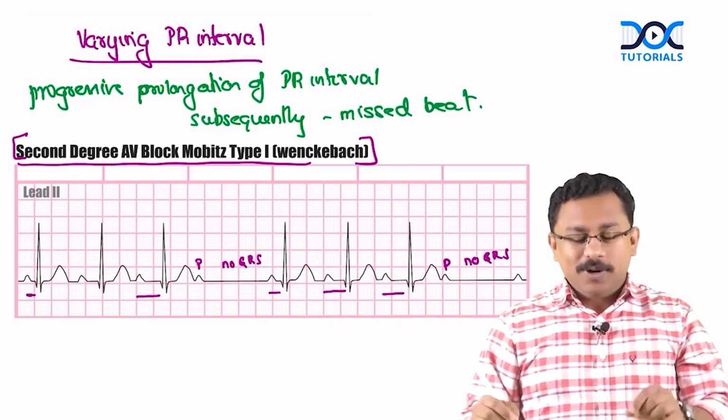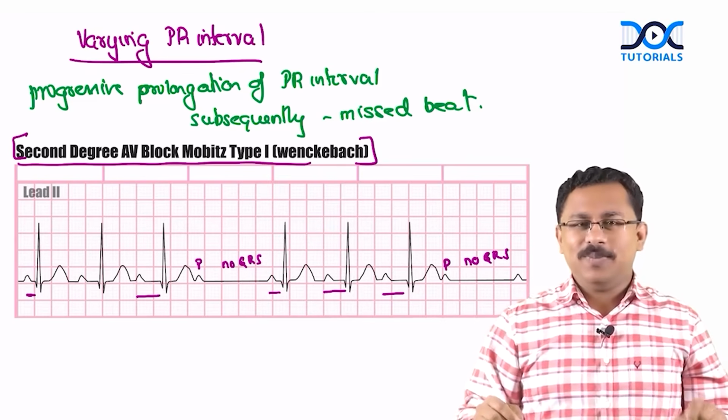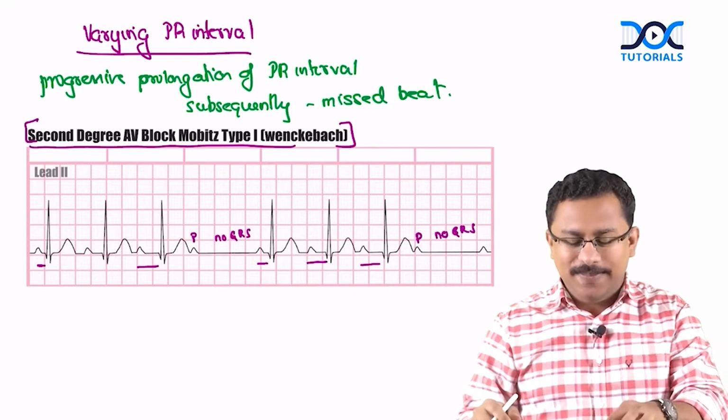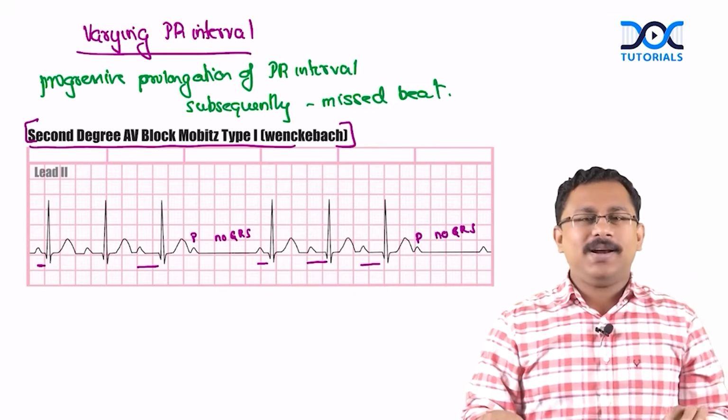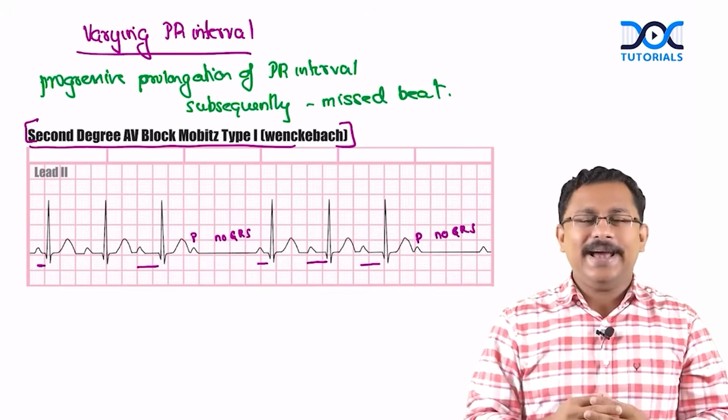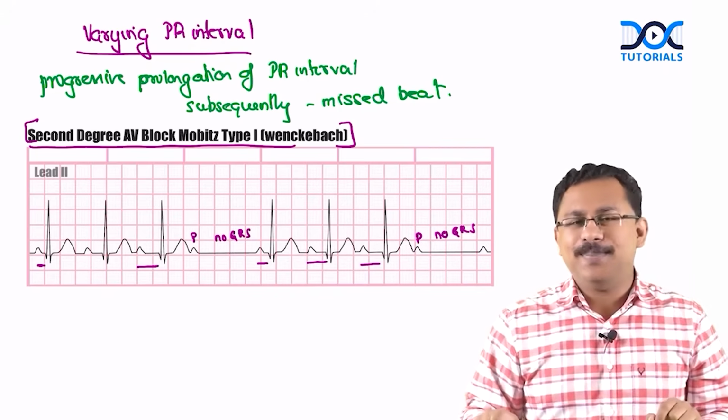This is what is called the Wenckebach phenomenon. So varying PR interval can be seen in such scenarios. Just summing up about the PR interval, you should know what the PR interval is, what it signifies, and what the abnormalities of the PR interval are.